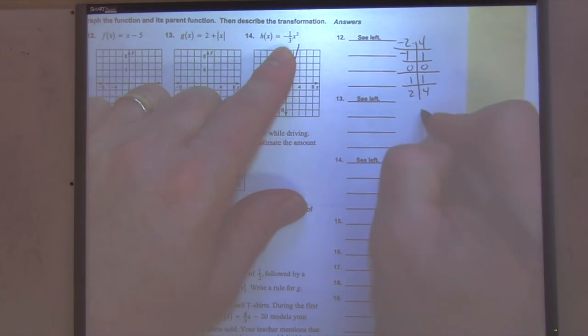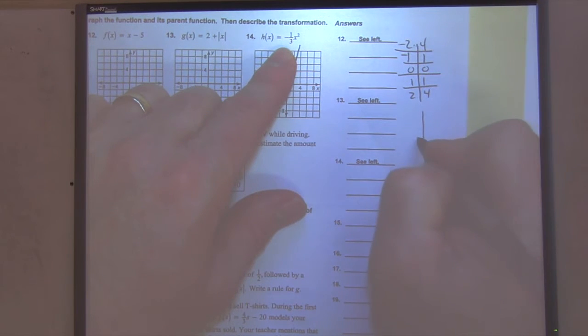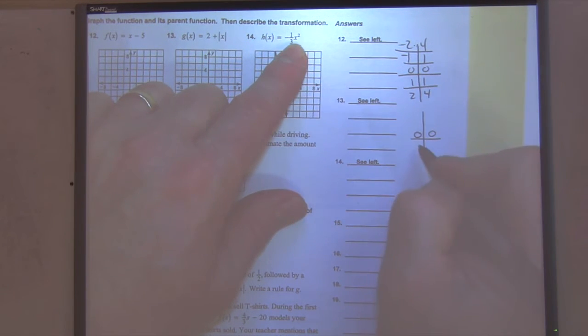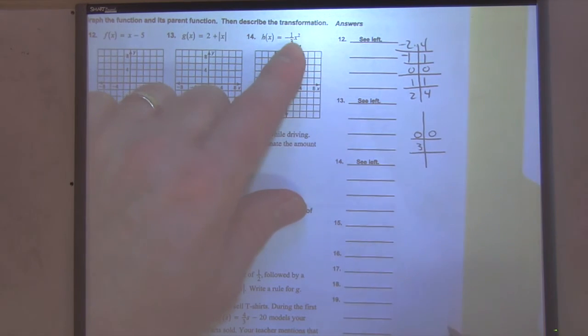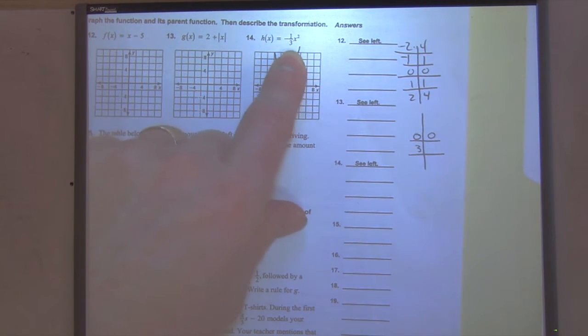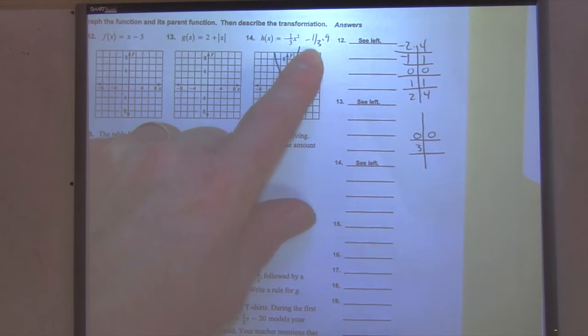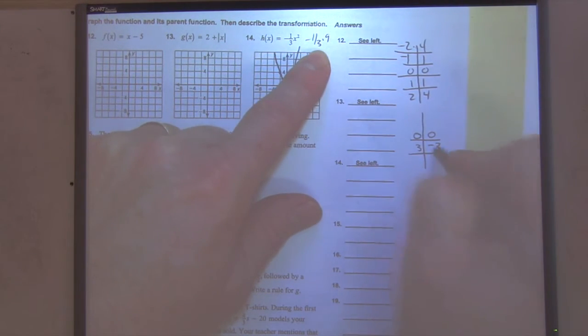So again, I'm going to plug in those same numbers. Actually, I'm going to change it a little bit because this is a 1/3 and I don't want to deal with fractions. So I'm going to use 0. I still get 0. But I'm going to plug in 3. Because when I plug in 3, 3 squared is 9. And so I get negative 1/3 times 9, which would be negative 9/3 or negative 3.